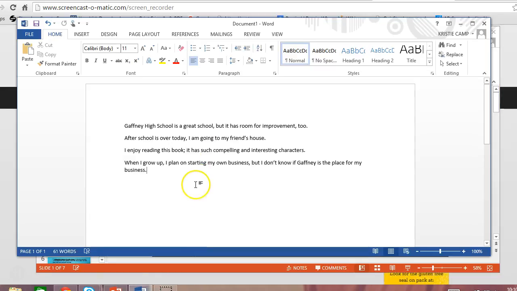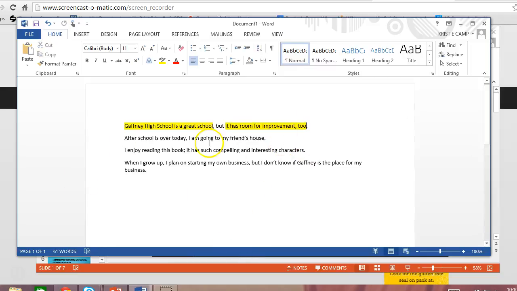I have a couple of sentences here. Let's look at this first one. Gaffney High School is a great school, but it has room for improvement too. Gaffney High School is a great school is an independent clause. It's a complete sentence. It can stand alone. It has room for improvement too is a complete sentence or an independent clause. It can stand alone.